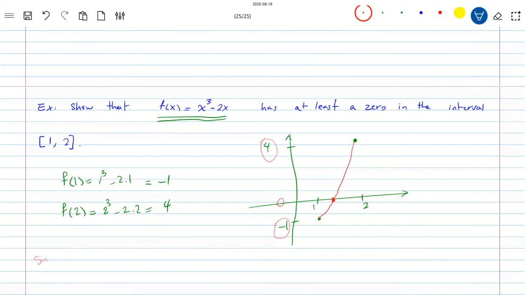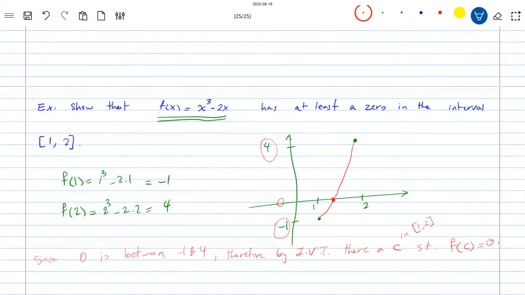So you can say since 0 is between negative 1 and 4, therefore by the intermediate value theorem there is a c such that f of c is 0. Whatever that c is, it should be between 1 and 2. C between 1 and 2, I should say. And maybe I should say in the interval 1 to 2.